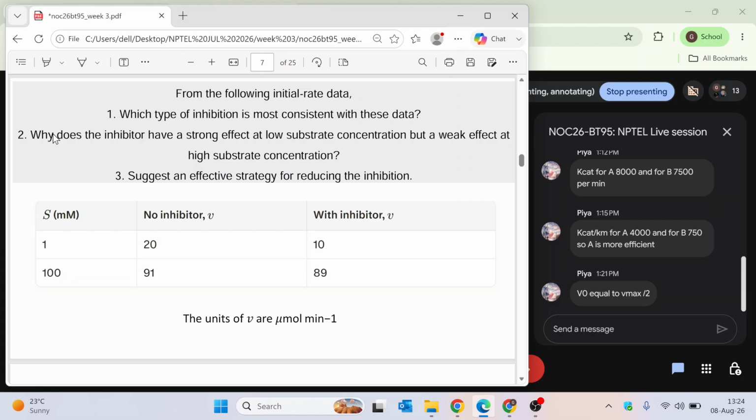You should also suggest an effective strategy for reducing the inhibition. If you just find the answer for the first question, I think the rest too follows. Given is the velocity or the rate data, and the units are micromole per minute.